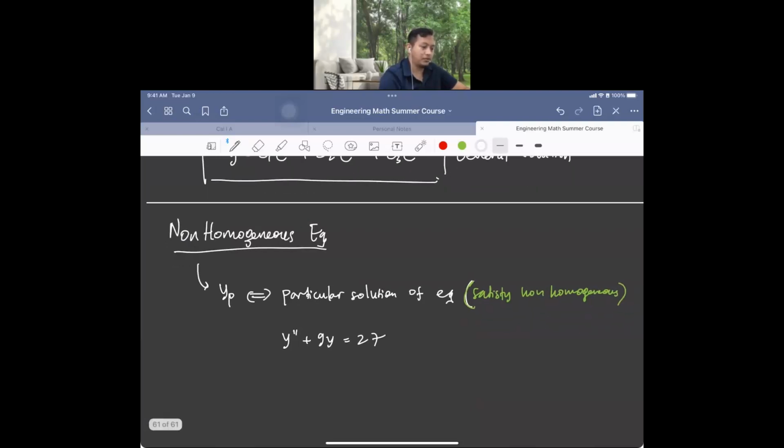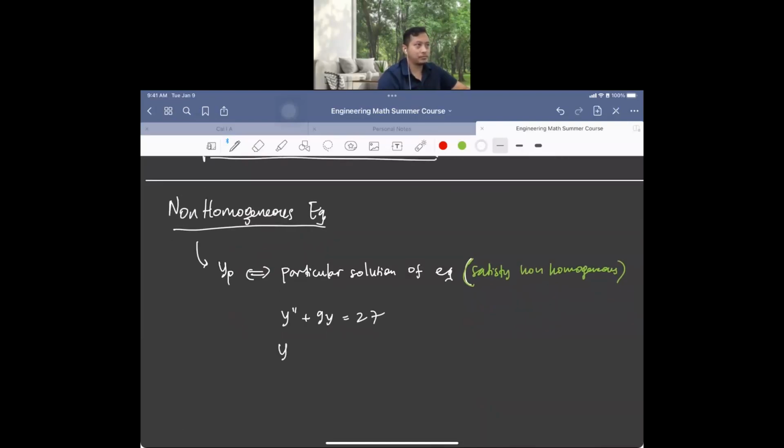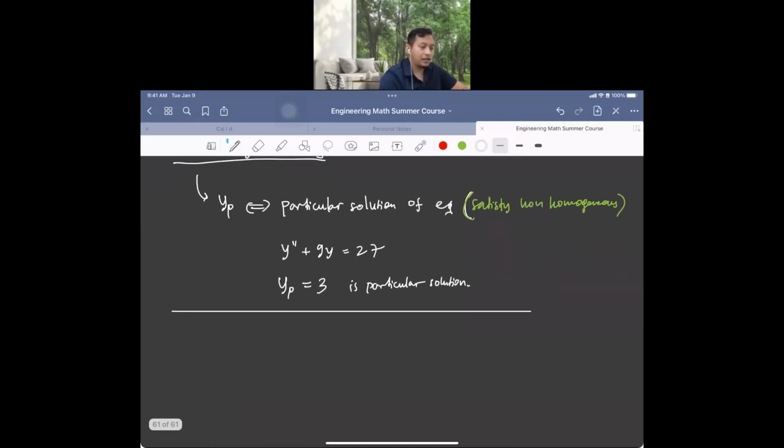For example, if we have y double prime plus 9y equal to 27, it's really straightforward to say that the particular solution is just 3. So yp equals 3 is a particular solution.